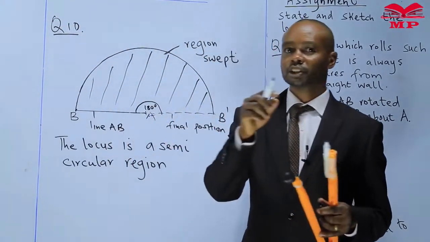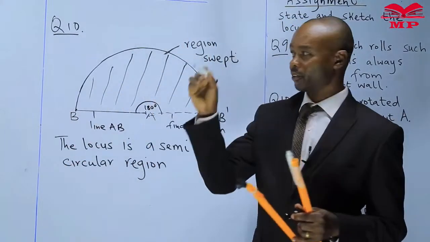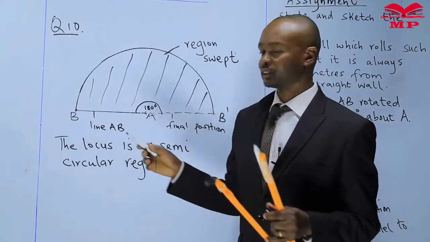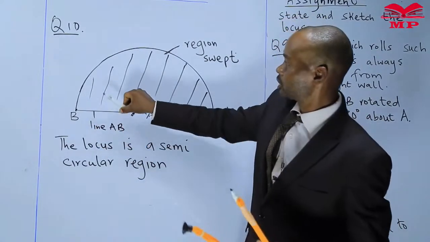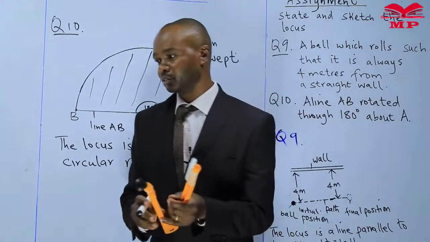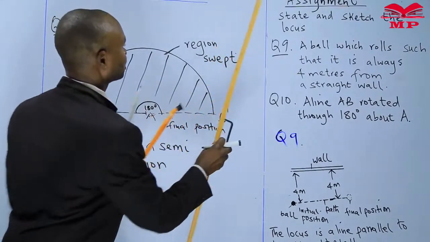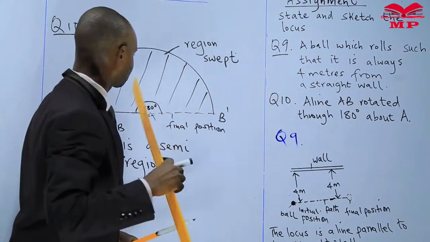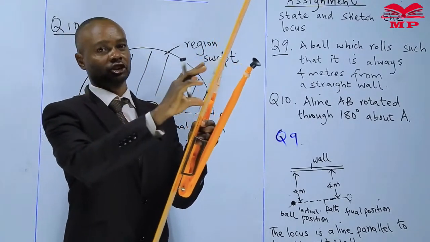From our definition of the locus, we had a law or laws. Our laws there were 180 degrees and then the line. Every point on that line sweeps all over. If I have a straight edge, put it on the board and rotate it, it will sweep a region. So it is similar to that. The line is just like an edge.